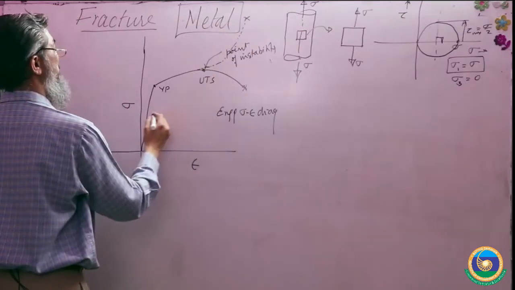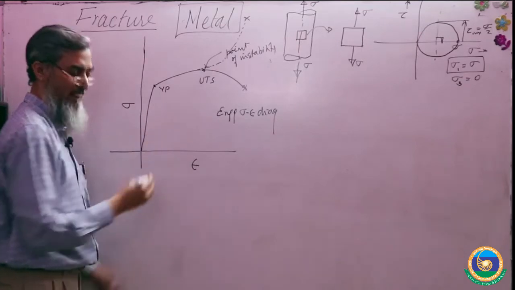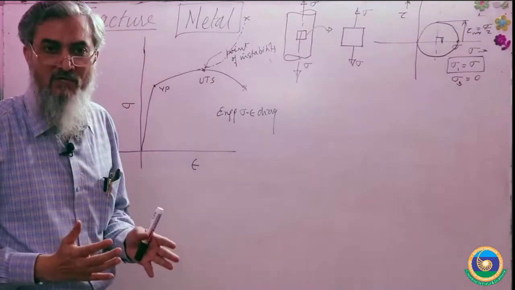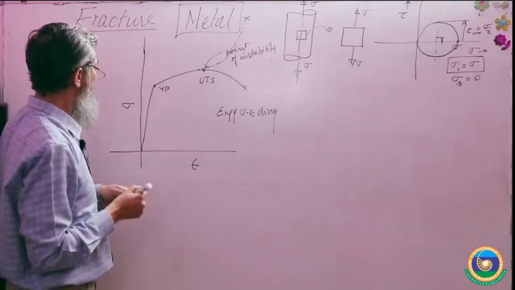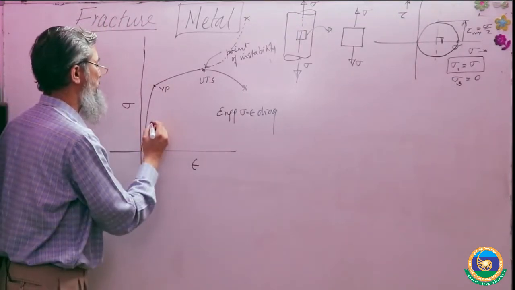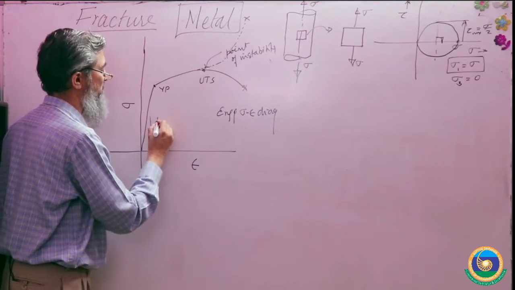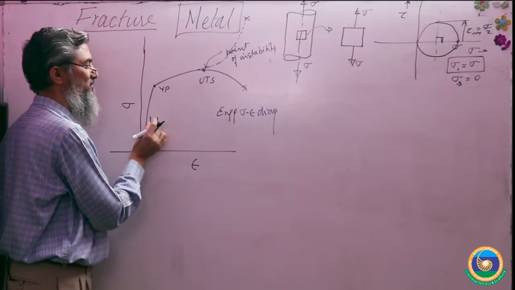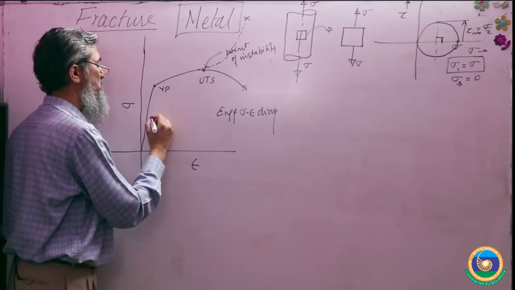We'll start from here. As it is a ductile material, there is a prior deformation going on, right? So this is the elastic portion of the deformation. That means the sample, suppose it's a simple cylindrical sample, there will be reduction in diameter like this.